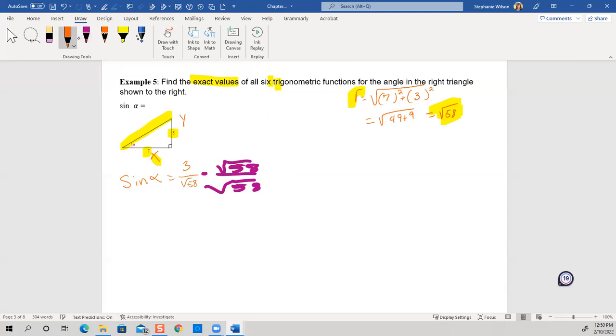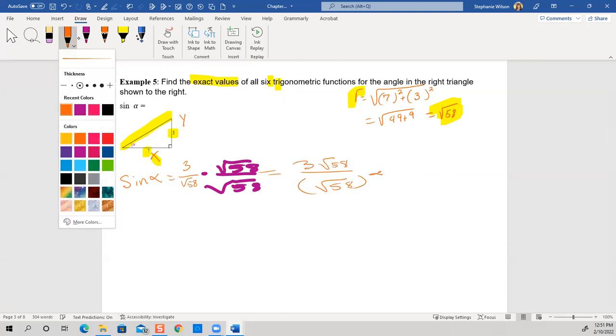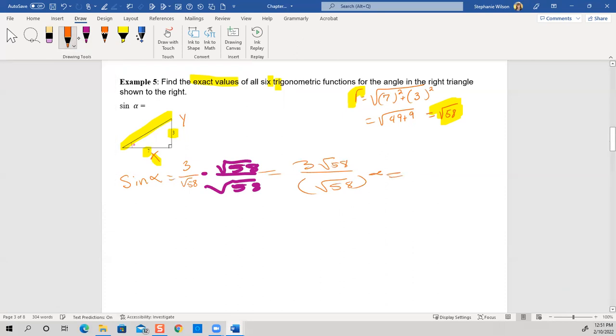I'm going to do extra notation here. That means I got the square root of 58 squared all over 3 times the square root of 58. All right, that square root reduces and leaves me with the radicand. So now I have an answer of 58. So I have 3 square root of 58 over 58. Okay, so that is my sine.